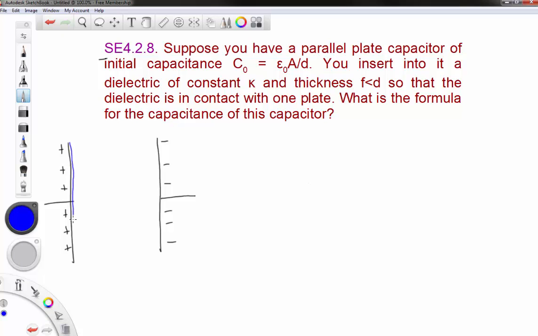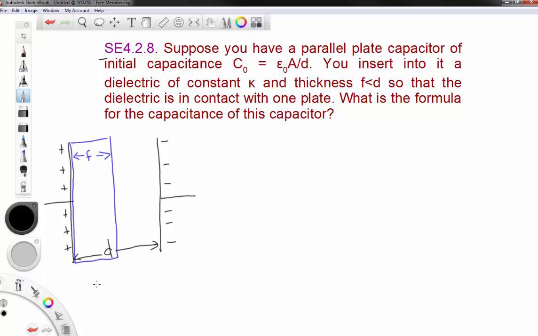The dielectric is maybe in contact with one plate, more or less, and comes out to here, something like this. So we have a thickness of F for this, but for the entire pair of parallel plates, there's a distance D separating the two.